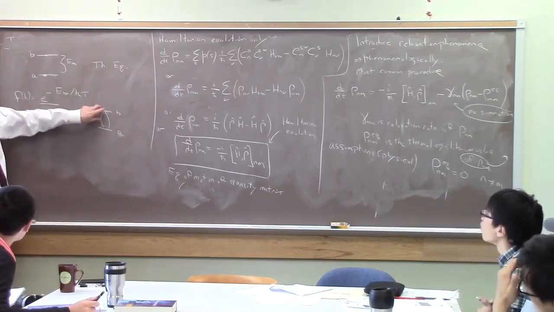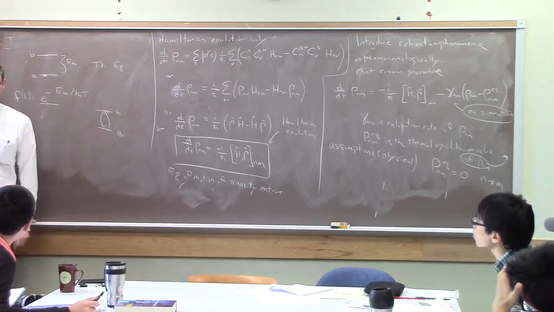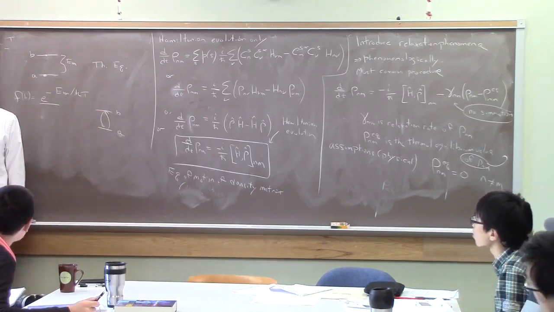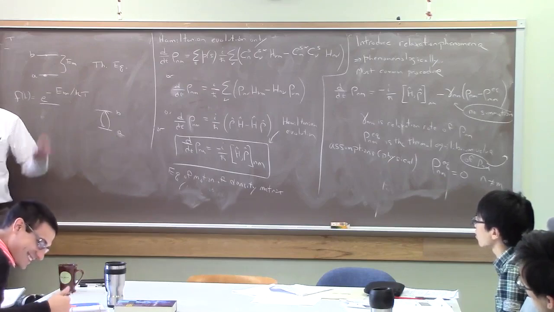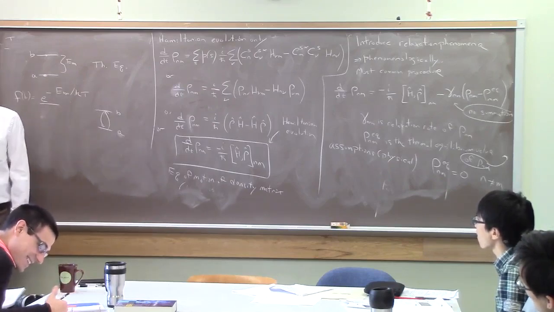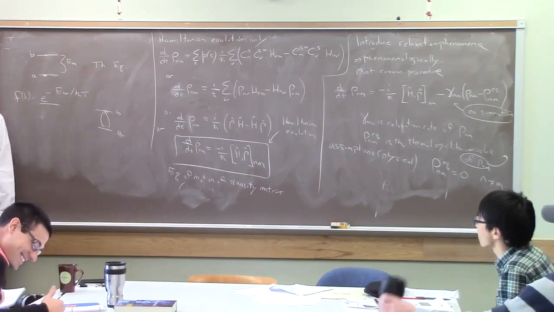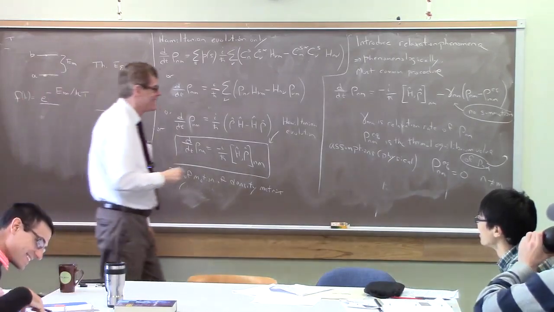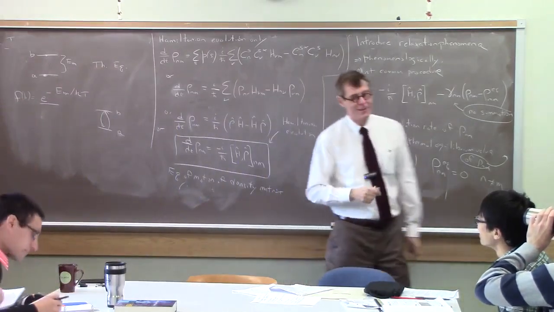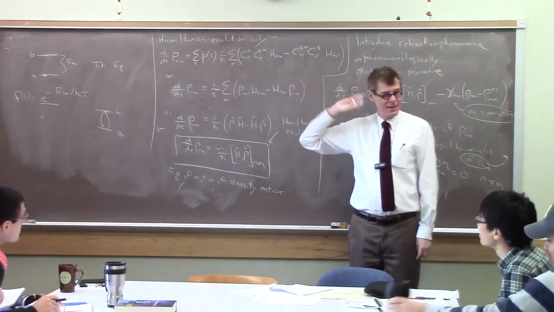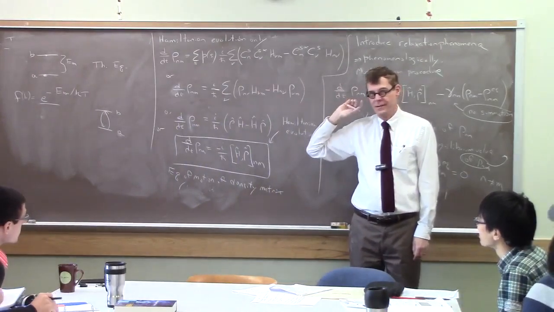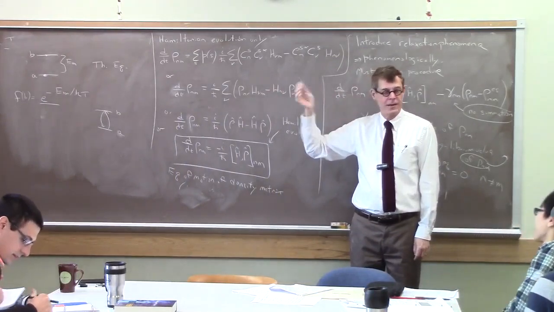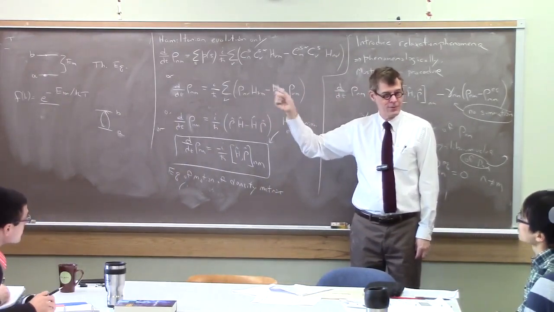By the way, I put A here and B here. Believe it or not, in Arizona, they put A on the top and B on the bottom. That is why you came to Rochester, right? Now, that's what Marlan Scully does in all of his books. And he was at Tucson when he wrote his first lasers book.